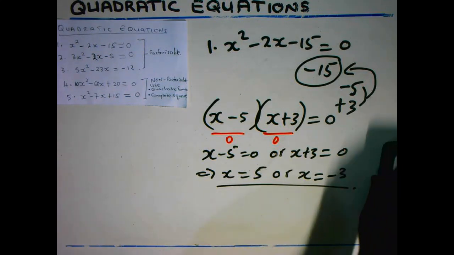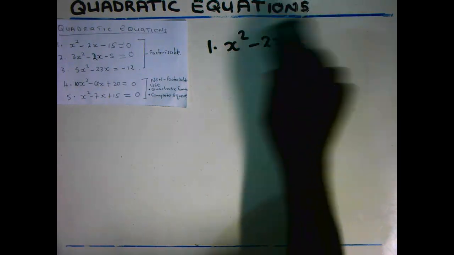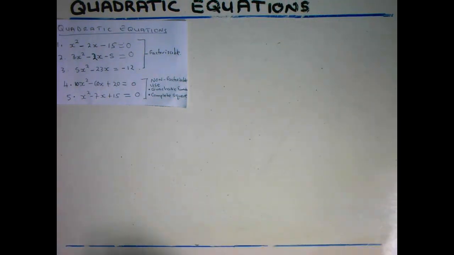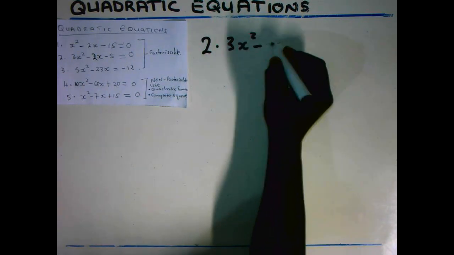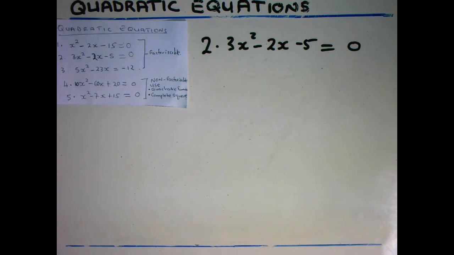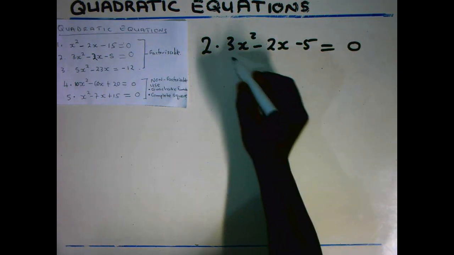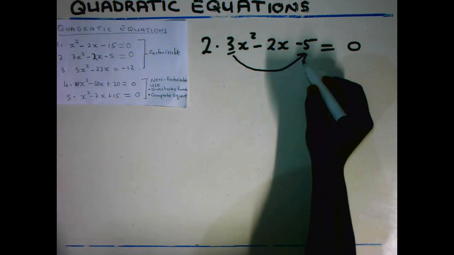Very simple. Now we move on to number 2. Number 2 simply says 3x squared minus 2x minus 5 is equal to 0. There is a slight difference here now in terms of approach, but there is not much difference actually. The coefficient of x squared is 3. So here you have to add another step.